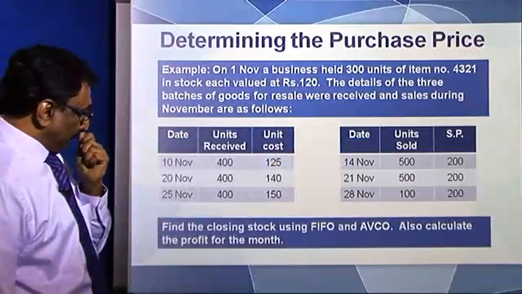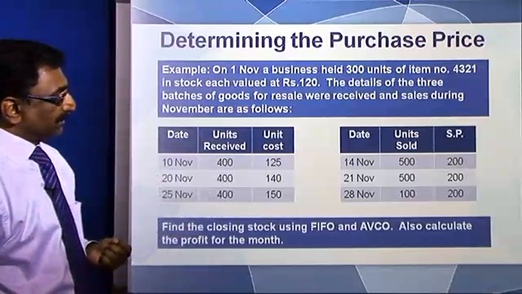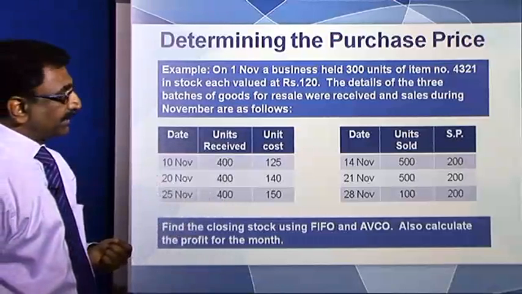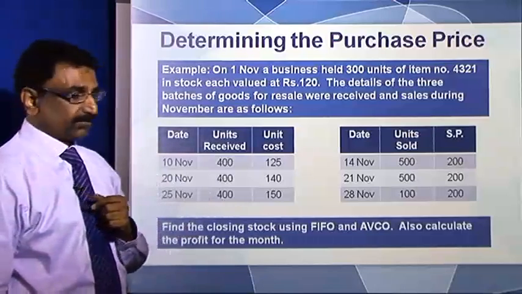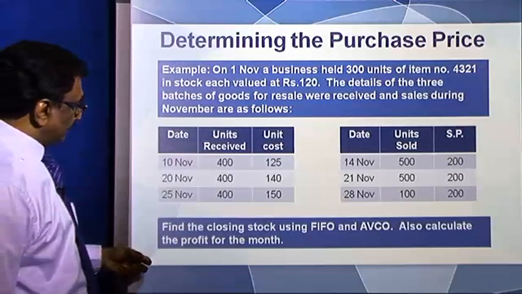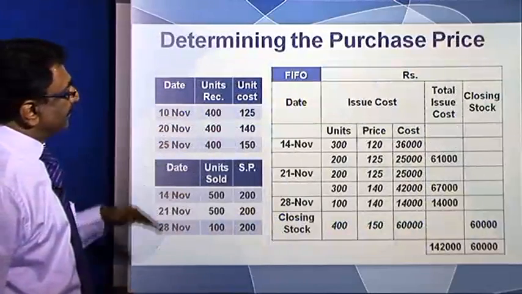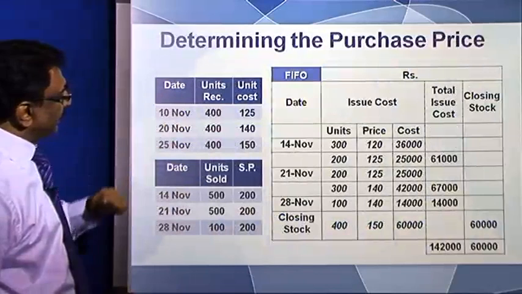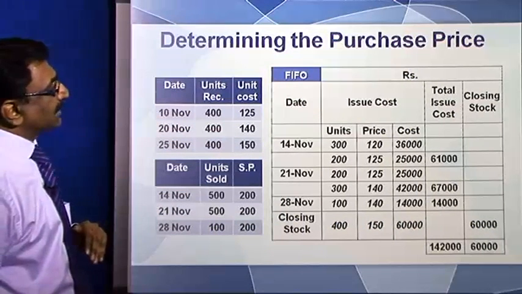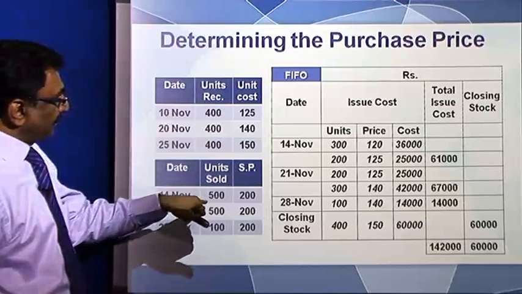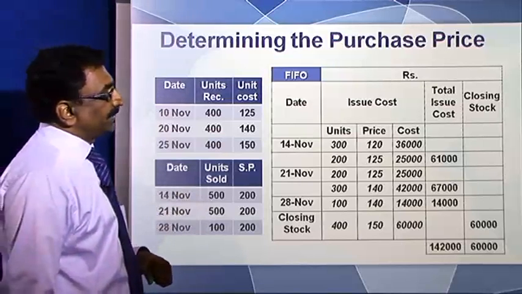So now what we need to do is calculate the closing stock using the first in first out or the average method, and also calculate what the gross profit would be. So let's look at how that is done. We have the problem statement here along with the issue dates as well as the sale dates. On 14th November 500 units were sold. So how will the issue cost be calculated?